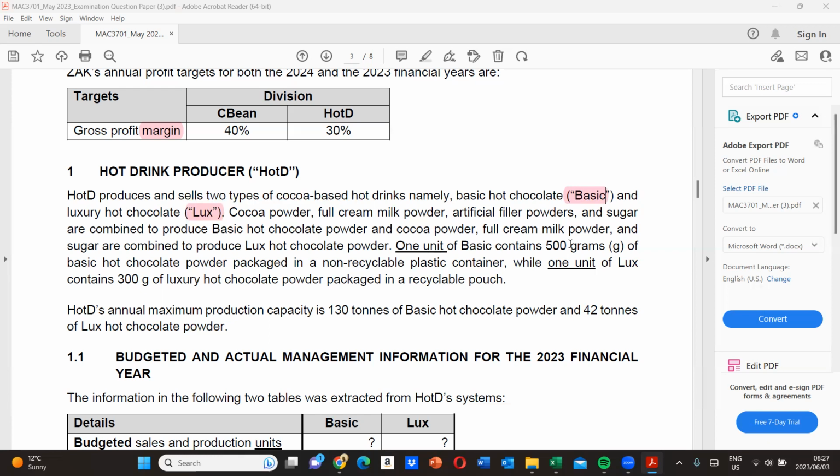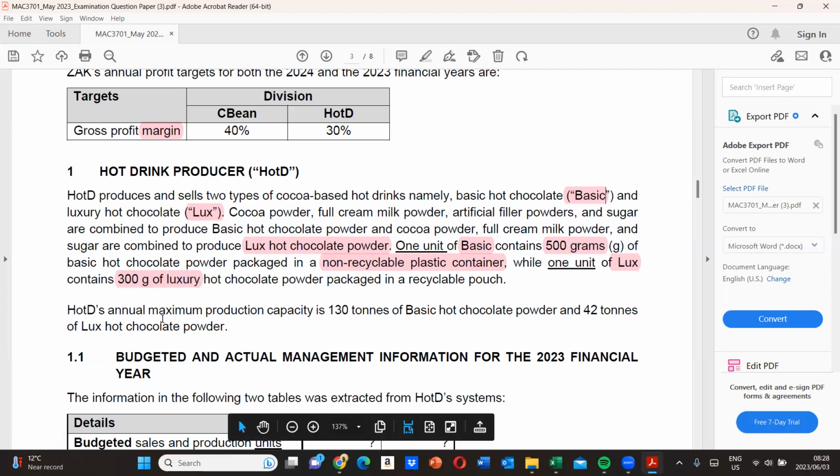Full cream milk powder and sugar are combined to produce luxe hot chocolate powder. 1 unit of basic, this is another product, contains 500 grams of basic hot chocolate powder, packaged in a non-recyclable plastic container, while 1 unit of luxe contains 300 grams of luxury hot chocolate powder, packaged in a recyclable pouch.